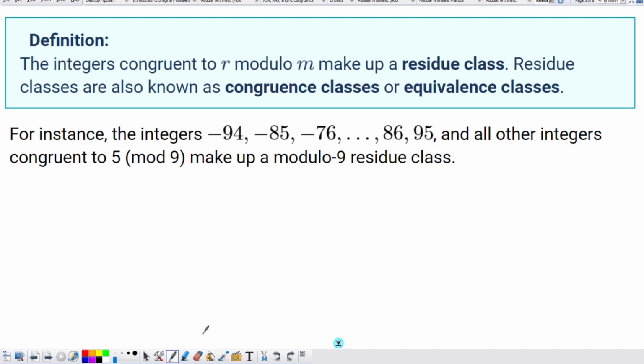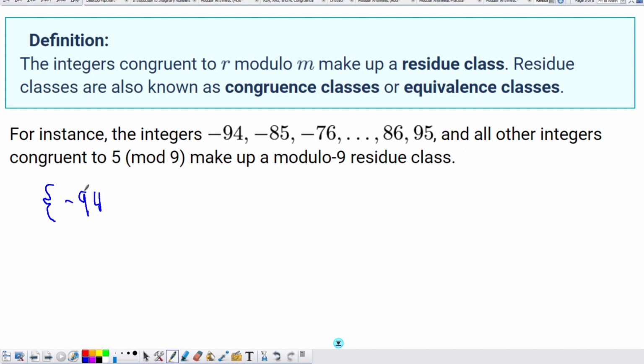So all those values are congruent to 5 mod 9, and they make up a single modulo 9 residue class. In higher level math classes, we would write it as a set.